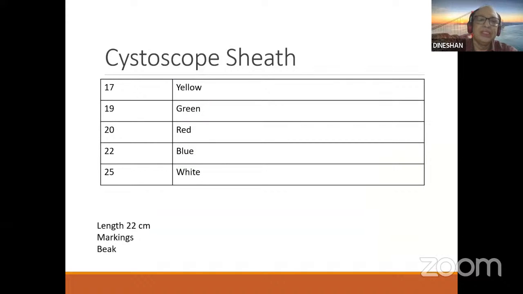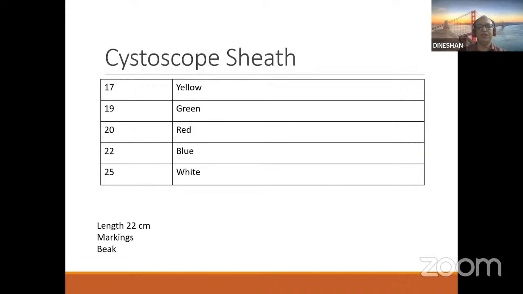These are the standard. Now the nomenclature has changed. In the olden days we had 23.5, and 17 was green actually. This is the newer nomenclature: 17, 19, 20, 22, and 25.